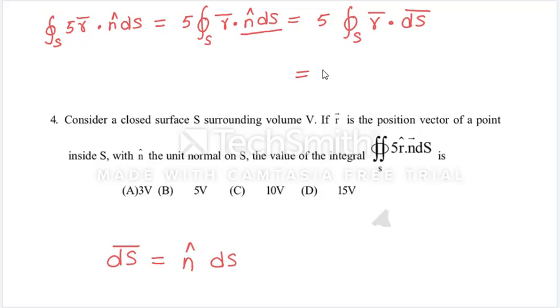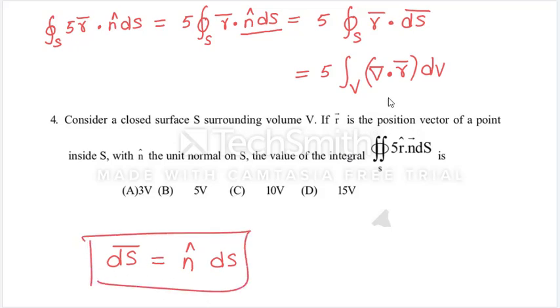So this is 5 into volume integral of del dot r bar into dV. So we need to find the del dot r, the divergence of this r.